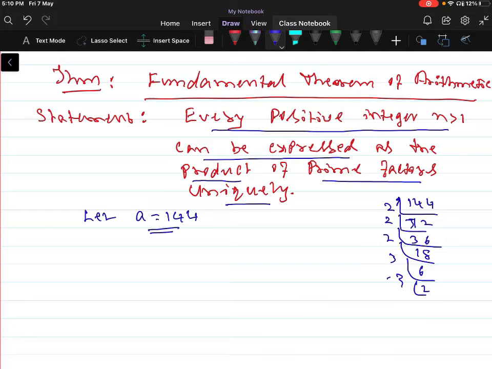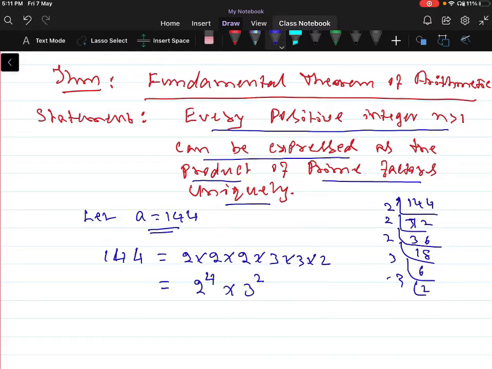So therefore 144 can be written as 2 into 2 into 2 into 3 into 3 into 2. So this can be written as 2 2 2 2, that is 4 times, 2 to the power of 4 into 3 square.